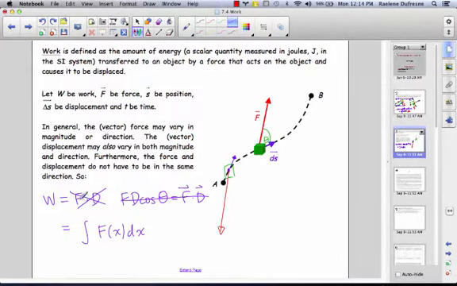The problem with the first case is that force is constant, displacement is constant, and they are in the same direction, because this is multiplied by 1, which is the cosine of 0 degrees. The problem with the second case is that while we don't necessarily have the force and the displacement in the same direction, they are both constant.